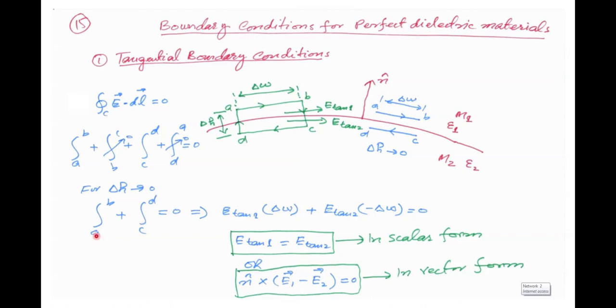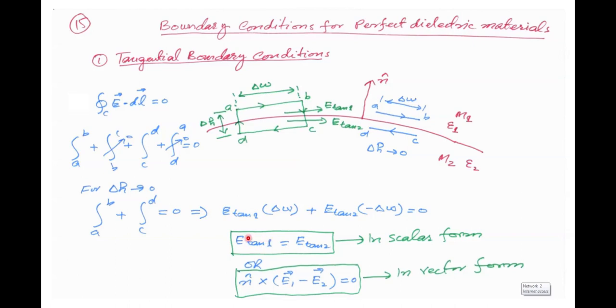Now the integration from point A to B is equal to E tangential 1 delta W, as the two paths in material 1 and material 2 are opposite to each other. So plus E tangential 2, the tangential component of electric field in material 2, is multiplied by minus delta W, which results in this relation.